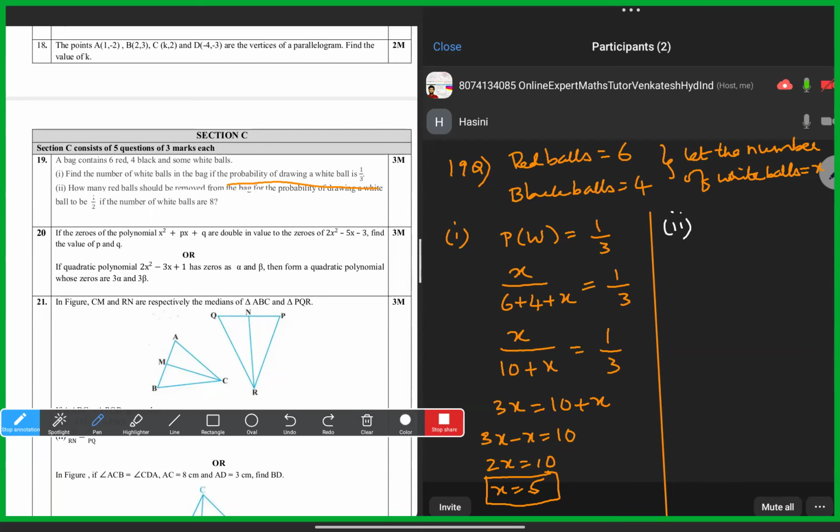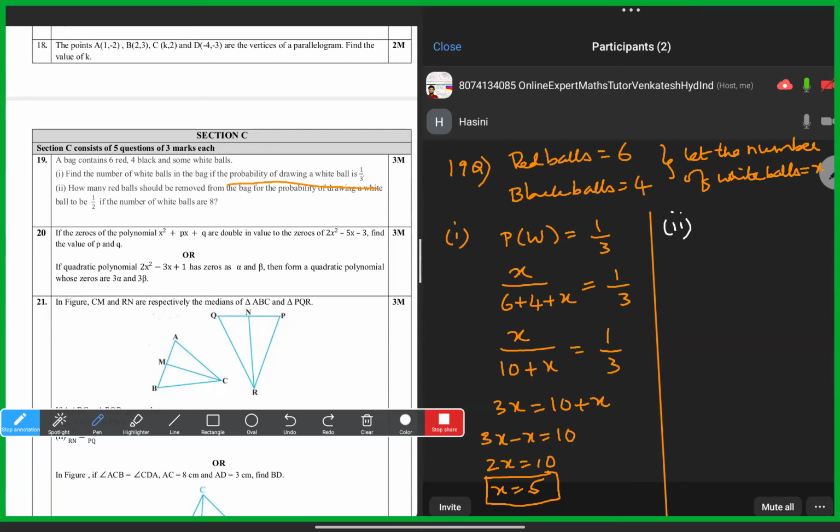So here, Hasni, what they're telling is how many red balls should be removed from the bag. Means they want to remove some red balls from the bag so that the probability of drawing a white ball will be half, if the number of white balls is 8.